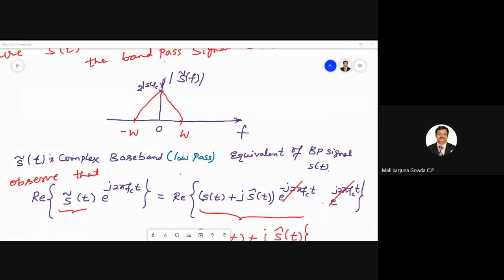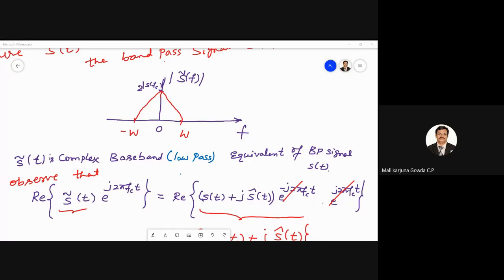The second thing is, I said the analysis of the band pass signal is complicated by the presence of the carrier frequency. The signal which is appearing at a higher frequency, the analysis of that will be complicated compared to the analysis of the low frequency signal. So this complex envelope signal dispenses with fc, meaning it is not appearing at carrier frequency.